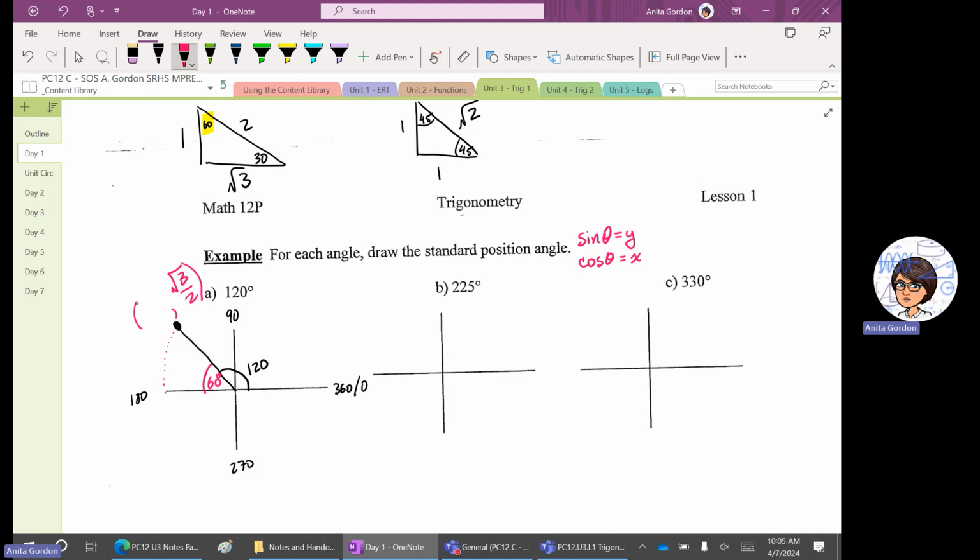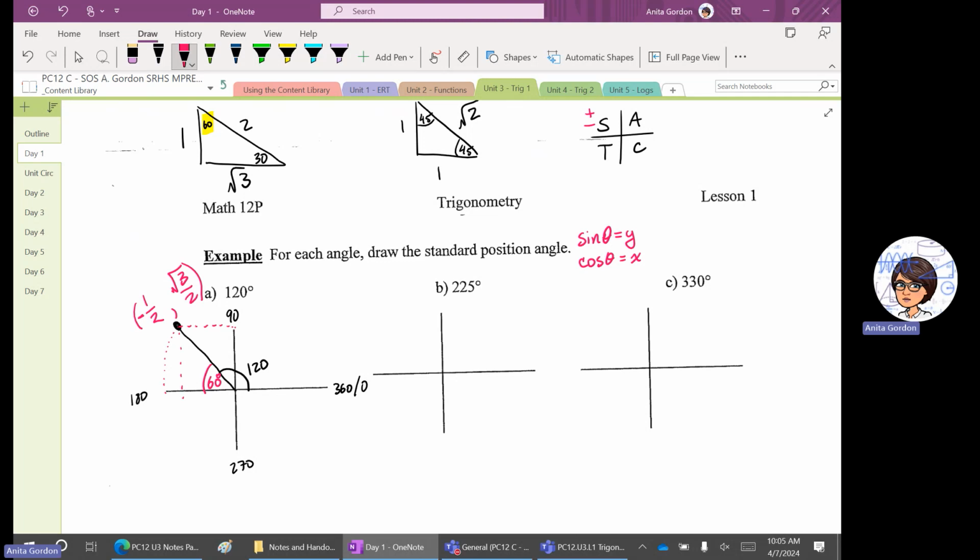The cosine of 60 degrees is 1 over 2. Now, the last thing I need to consider is where is it positive and negative? CAST. Sine is positive here, cosine is negative here. So this is negative 1/2, the x coordinate. Positive root 3 over 2, that is the y coordinate of our point.